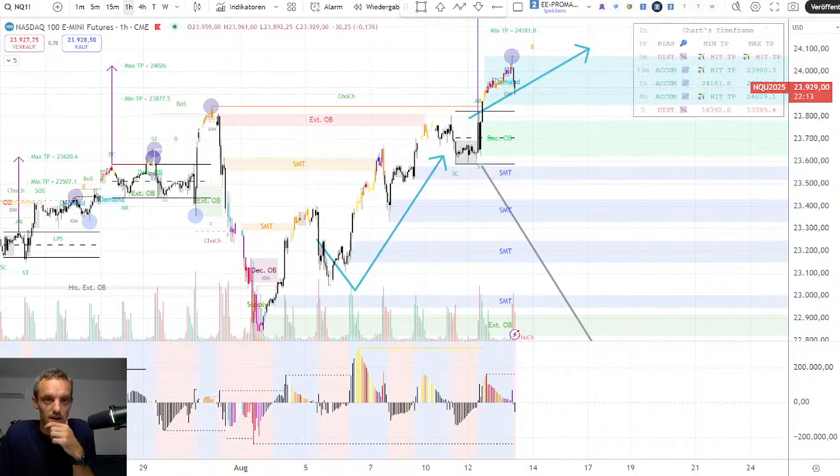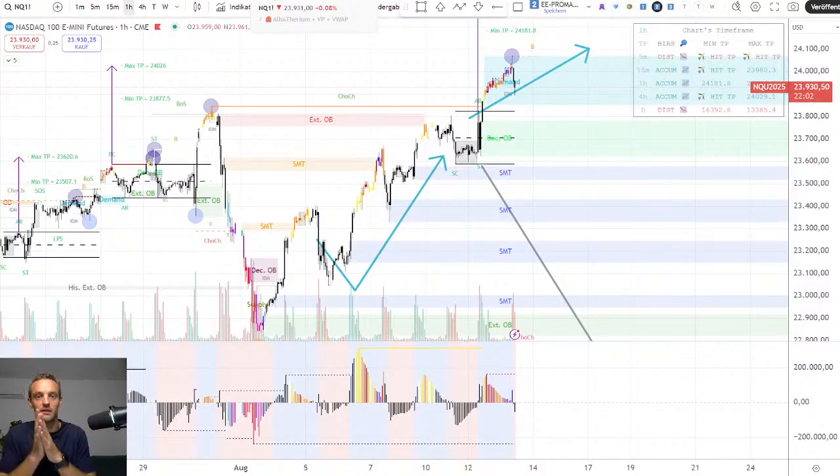So let's go to the 5-minute time frame entry. And again, the most important thing from my point of view is context analysis. What is context analysis? Context analysis is not just relying on order blocks, not just relying on volume, not just relying on trend.